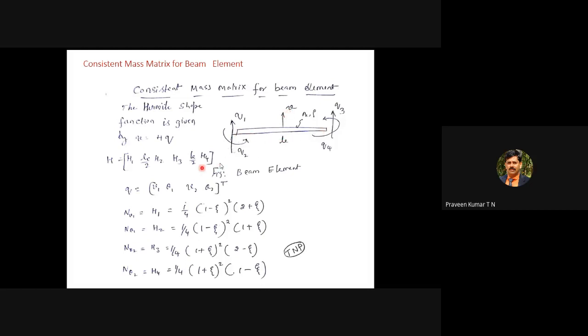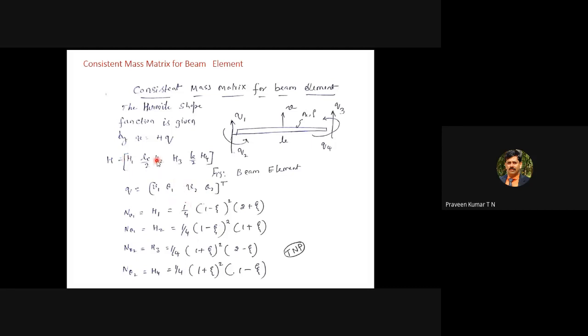Once you know V1, theta 1, V2, theta 2, we can get the value of V at any point within the element. That is given by V is equal to HQ, where Q is V1, theta 1, V2, theta 2. It is the element displacement vector for the beam element, a 4 by 1 vector.